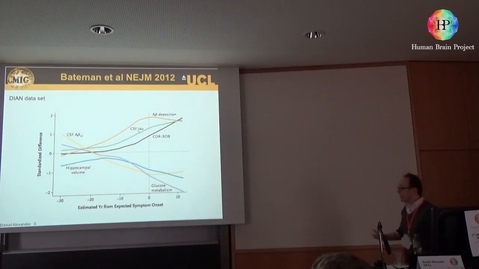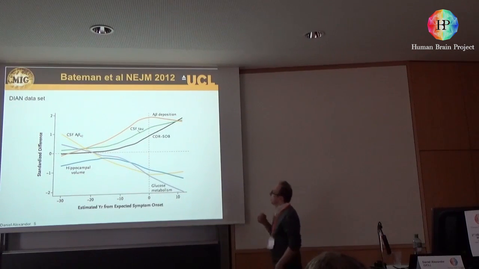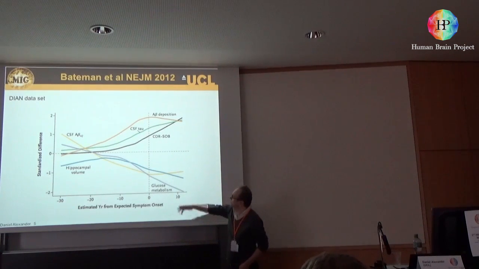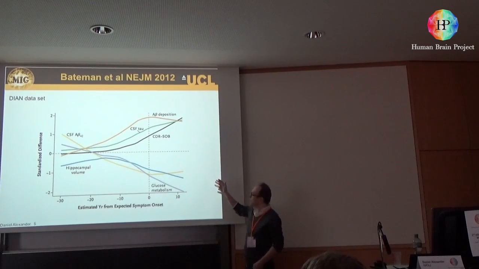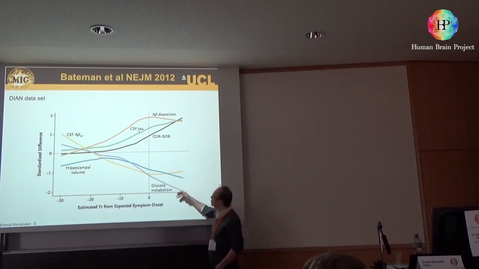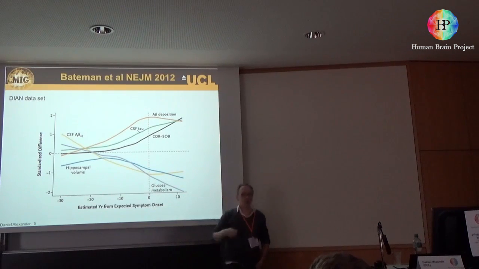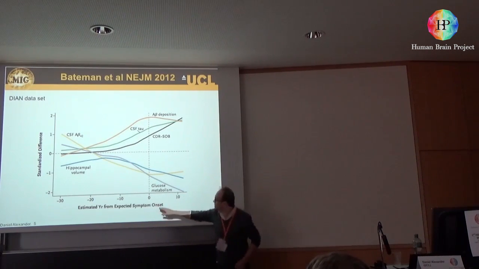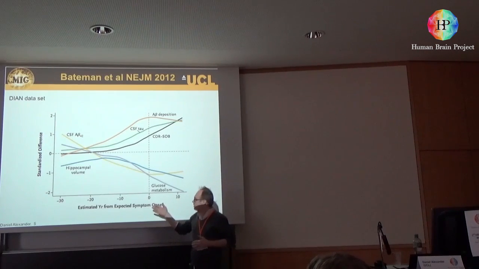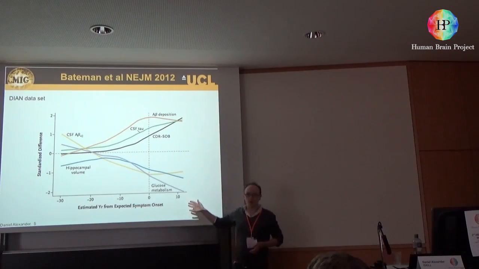Similarly, here's some more recent work, again looking at familial AD. So this is in the DIAN dataset where they measure various biomarkers. And this picture comes by regressing each of those biomarkers against an expected time to onset of disease. So this is a kind of imperfect measure of how far you are through the disease.